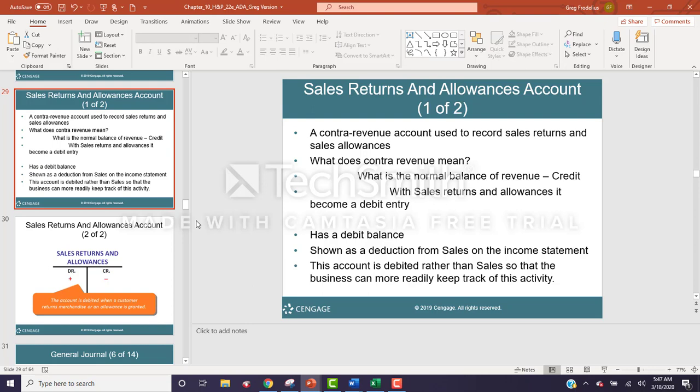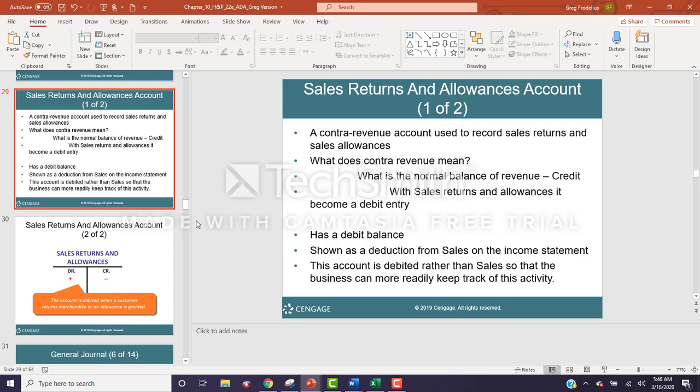Sales returns and allowances, like I mentioned, is a contra revenue account. Since revenue is normally a credit, we're going to be entering these sales returns and allowances as a debit. We'll also be talking about discounts here in a couple minutes. Same concept with the discount. Sales discount is a contra revenue account, and we will enter it as a debit.